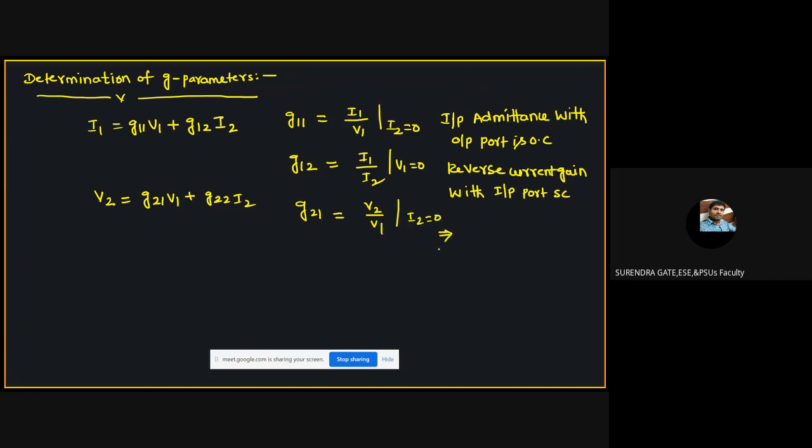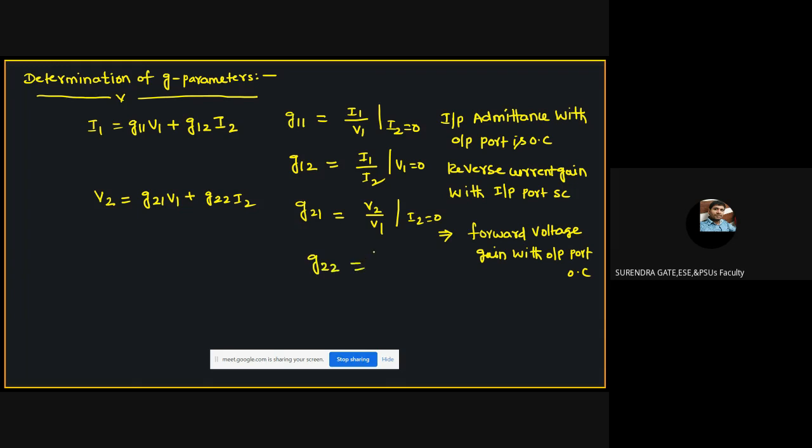Then what is the name of G21? Forward voltage gain or ratio, the voltage gain with output port open circuit.